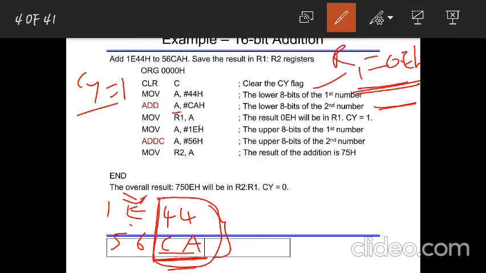Yes, now these lower 8 bits of the first number and of the second number are being added. Now the upper 8 bits of the first number is 1E, and of the second number is 56.